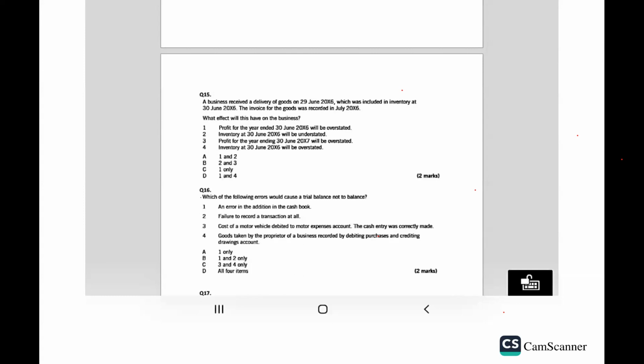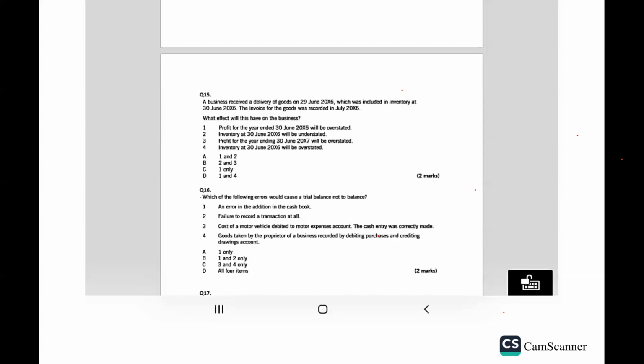The presentation covers 7 different types of errors that don't affect the trial balance, which means it still balances even if those errors are there. One of them is what we call the failure to record a transaction at all.